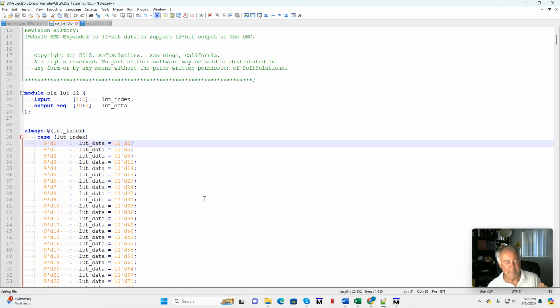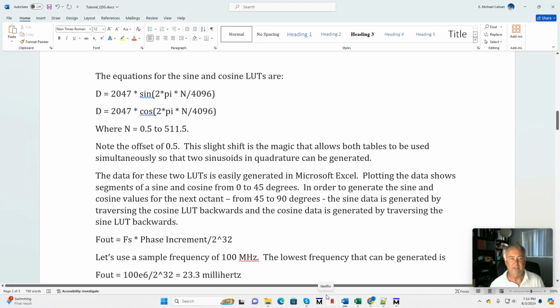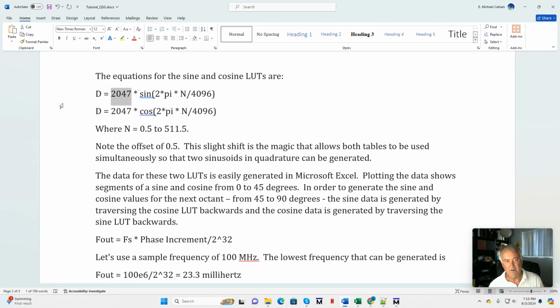One thing I want to touch upon is how do we generate these values? I've shown you the spreadsheet, but I haven't shown you the math. For a 12-bit value, I want my values to be symmetric about 0. So for a sine 12-bit value, essentially it goes 0 to 2047, 0 to minus 2048, but I'm not going to go all the way.